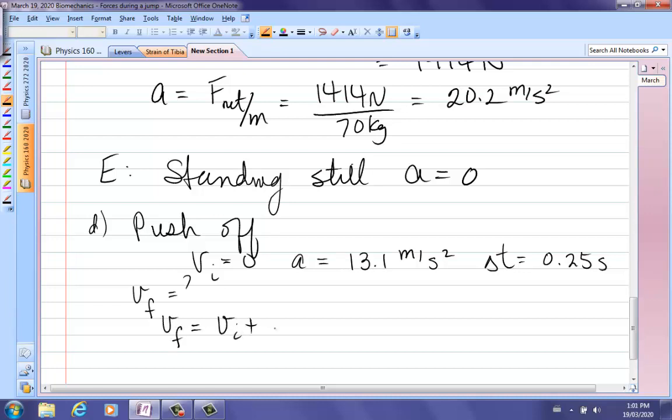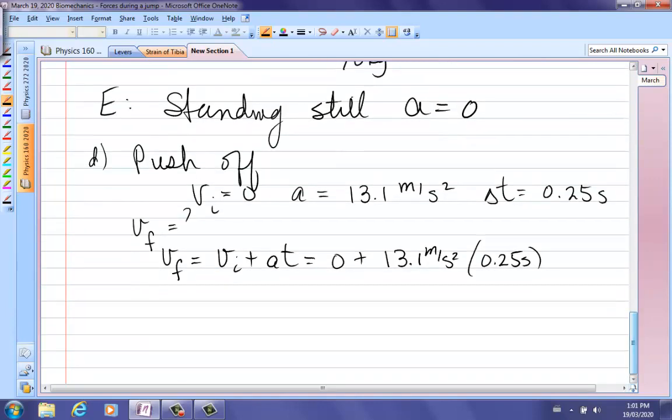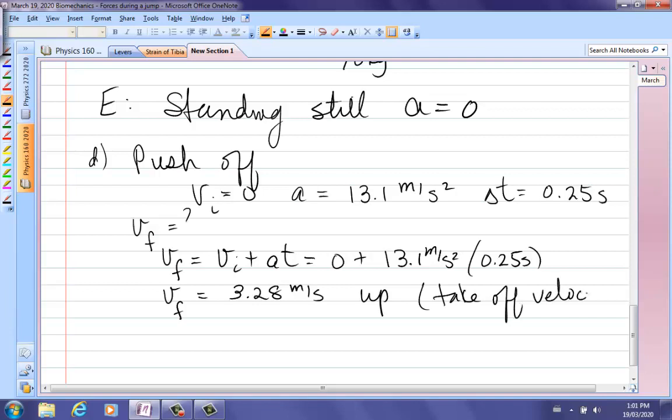Vf is Vi plus At. 0 plus 13.1 times 0.25 seconds. And so you leave the ground with a speed of 3.28 meters per second up. Okay, and that would be your takeoff velocity. It's up.